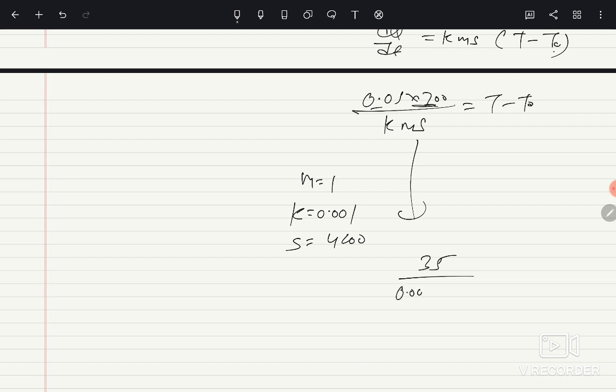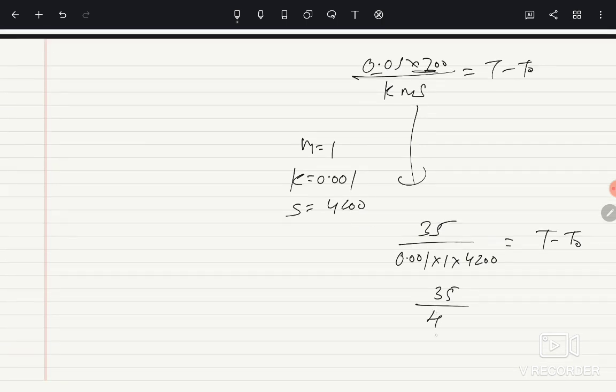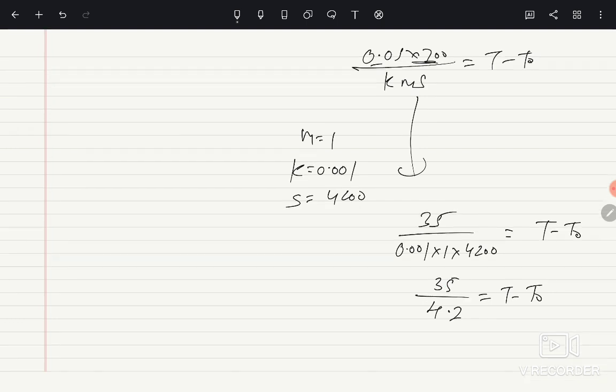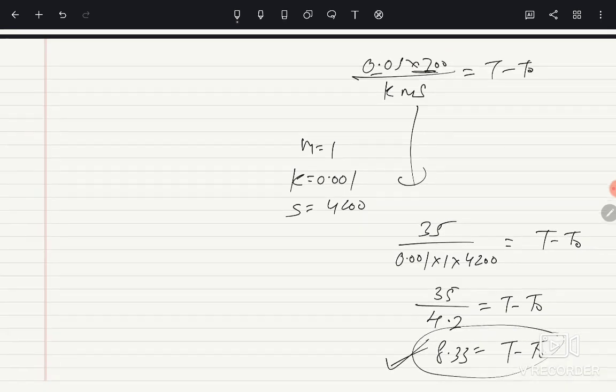K value is 0.001, mass value is 1, specific heat is 4200, times T minus T naught. So it will come out to be 35 divided by, I think, 4.2, times T minus T naught. This 35 divided by 4.2 will give us 8.33. Okay, so this is the temperature difference between water and surrounding we'll get.